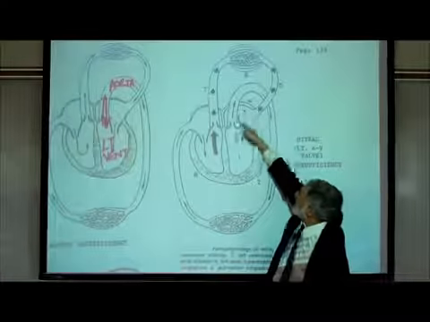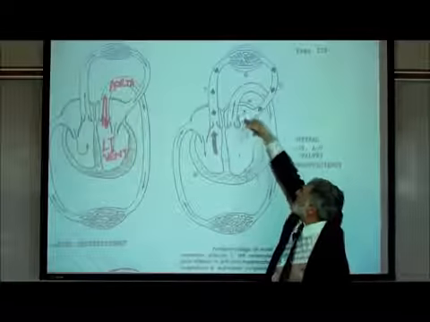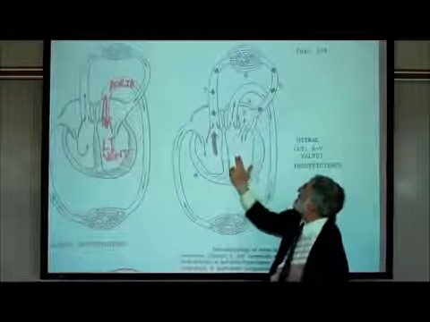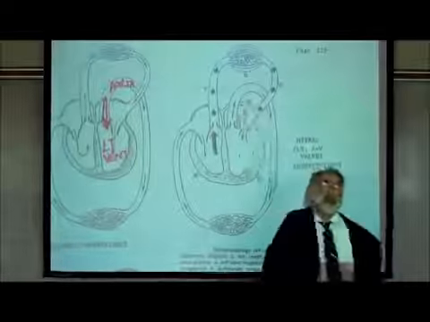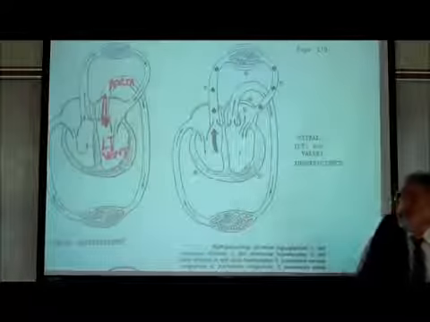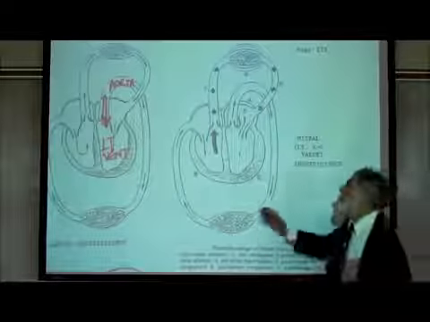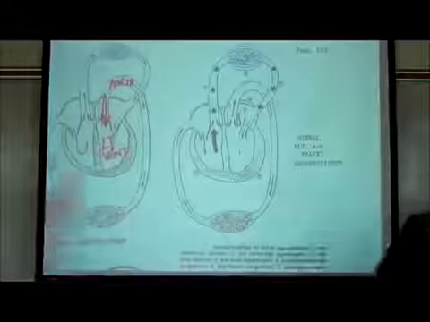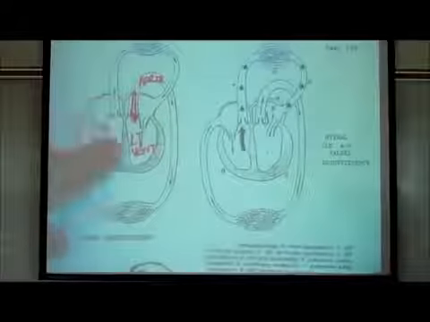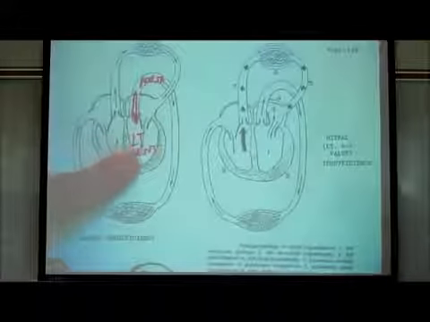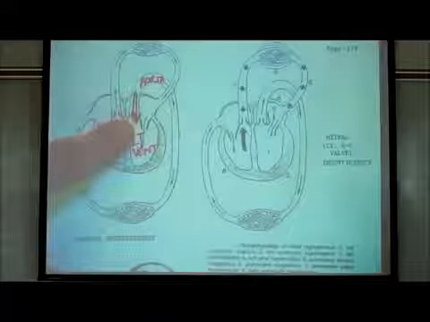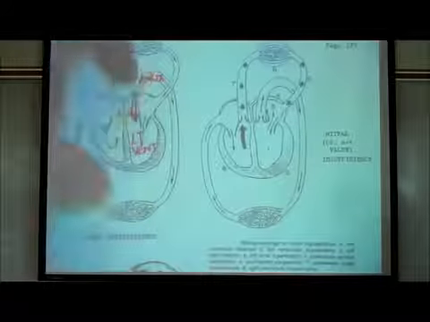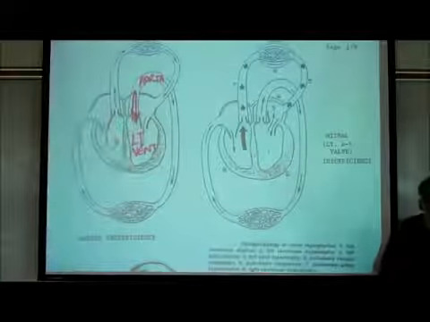Notice it shows arrows going in both directions. Meaning the blood goes from the left atrium into the left ventricle and then it regurgitates backwards because the valve doesn't shut all the way. It doesn't close. So when it should be closed, it's not closed, so the blood regurgitates backwards. In this case, arrows going in both directions indicate that the blood, because of an insufficient aortic valve, the left ventricle ejects the blood out of the aorta and then it flows backwards right back into the left ventricle.